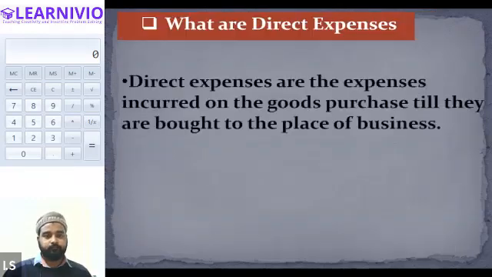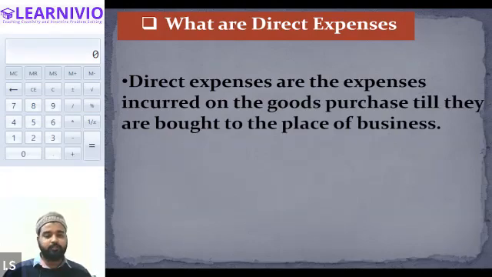Then I've also told you the meaning of direct expenses, wherein I explained that direct expenses are the expenses incurred either in the factory or on the purchase of goods, and expenses incurred for bringing the goods into the factory.